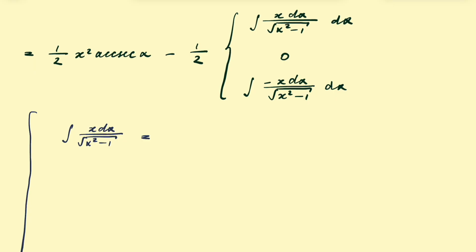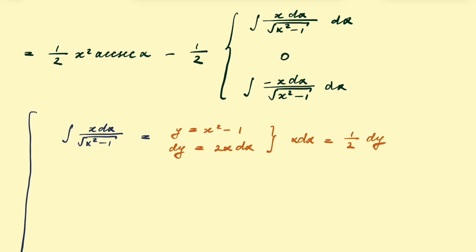We can do this in a standard way, writing y equal to x squared minus 1, then dy will be 2 times x dx. In this case, because we have x times dx here, expressing x times dx in terms of dy, it's 1 over 2 times dy.